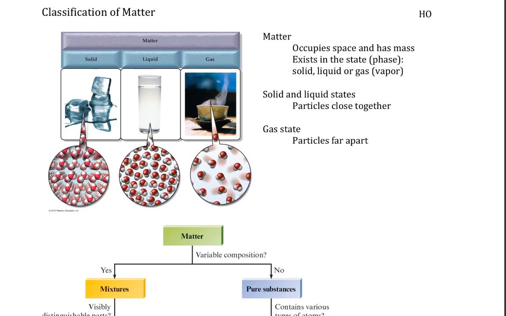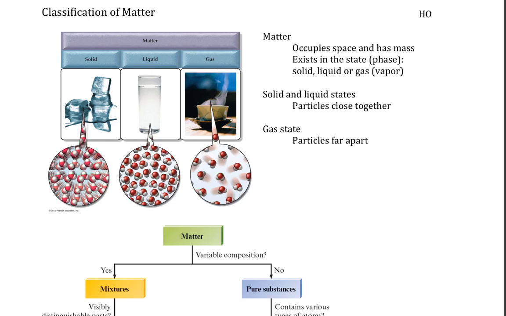Matter occupies space, has mass, and exists in the 3 common phases or states, either as a solid, or a liquid, or a gas. A gas, we could also call it in the vapor phase or the vapor state. The solid and liquid states, those are the condensed states because particles are close together.